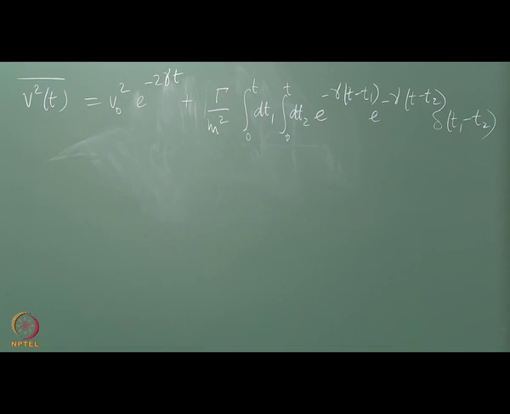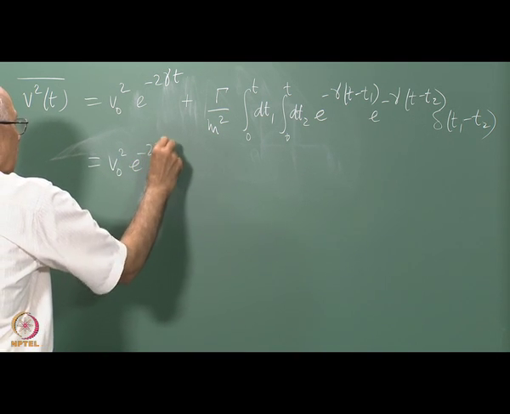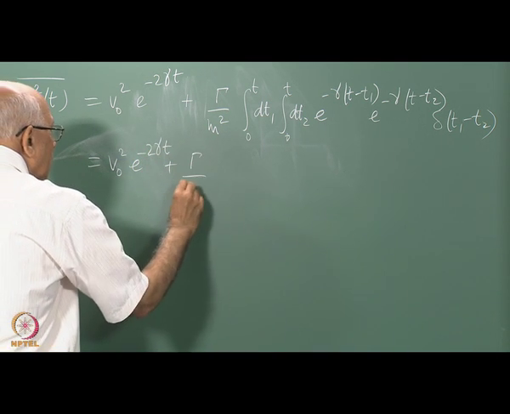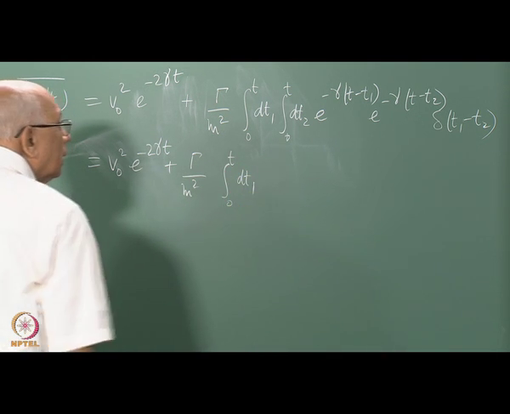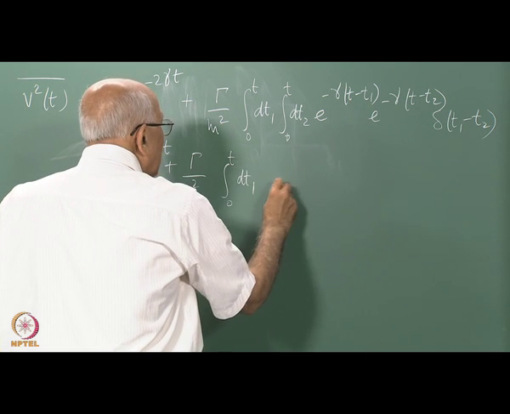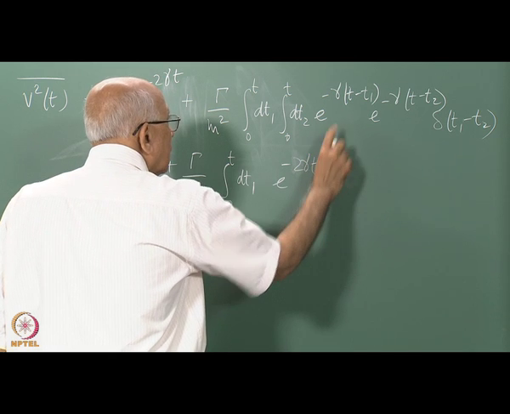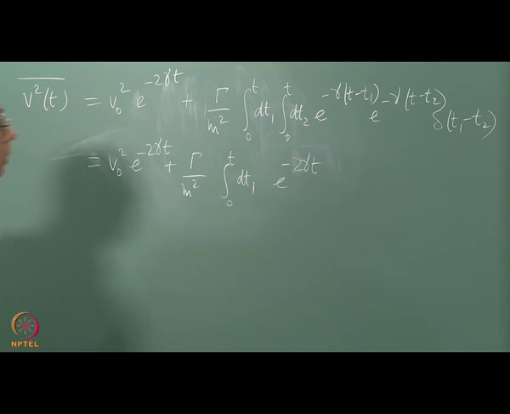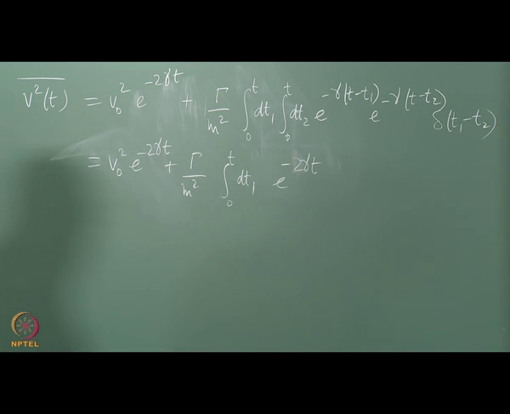Exactly the same way as before, we can now do the t2 integration and replace t2 with t1 everywhere. So this integral is easy to do. It is V naught squared e to the minus 2 gamma t plus gamma over m squared integral 0 to t dt1, and then there was already an e to the minus 2 gamma t sitting here, and then you had e to the gamma t1, e to the gamma t2, but now t2 is equal to t1, right.